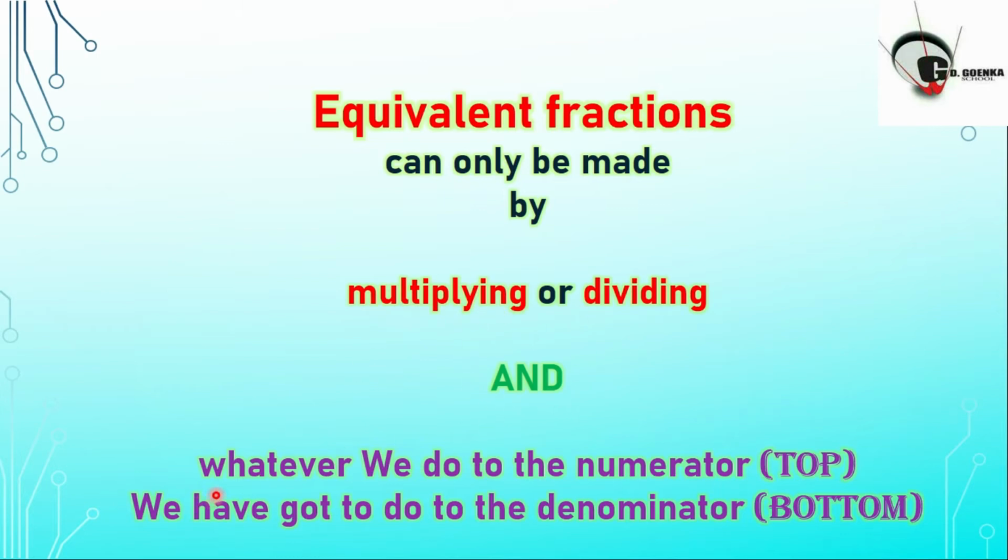The second thing is that whatever we do to the numerator, either multiplying with any number or dividing by any number, we have to do to the denominator as well. That means if I am multiplying the numerator by 2, I have to multiply the denominator also by 2. Or for example, if I am dividing the numerator by 5, I have to divide the denominator also by 5.